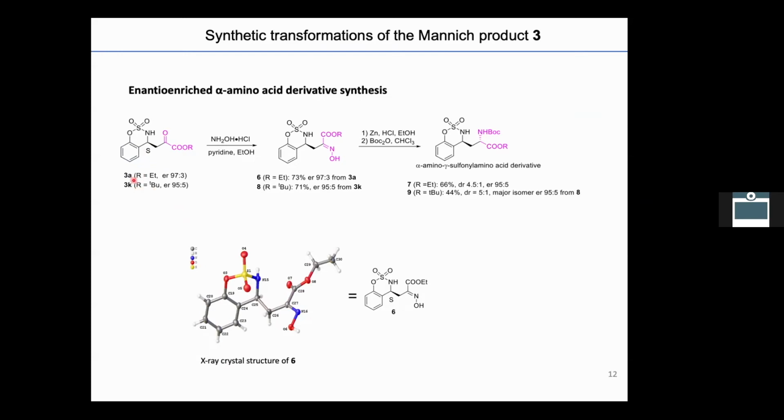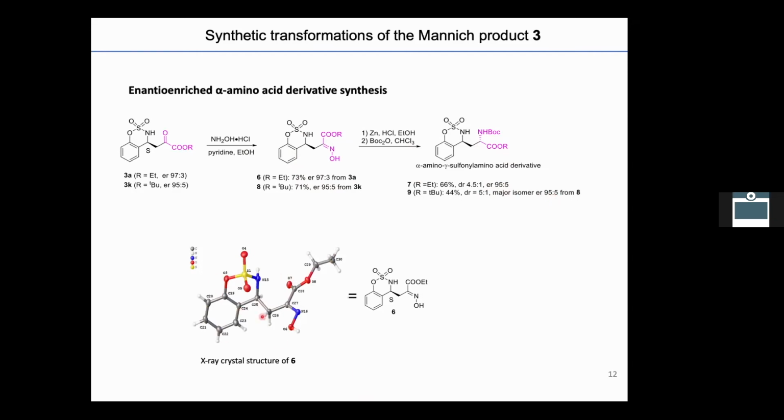Two products, 3A and 3K, this compound was transformed to oxime using hydroxylamine hydrochloride and pyridine, successfully with very good yield, 73 to 71%, with very high selectivity. And then finally, after reduction, amino acids. Look at the selectivity, 95:5 and 95:5 in both cases. So you can use this for medicinal purposes or anything related.